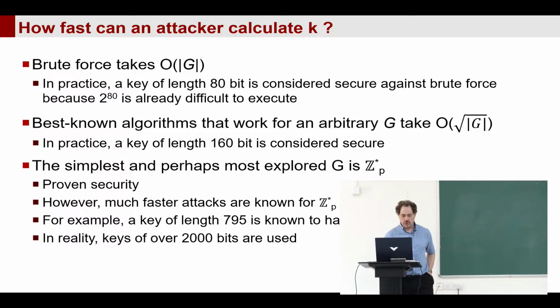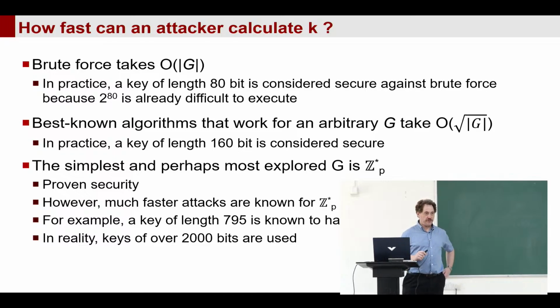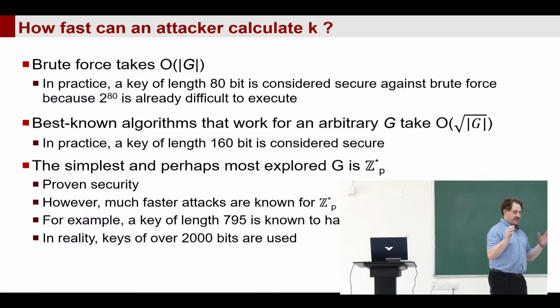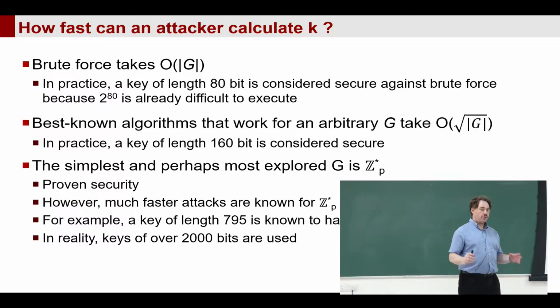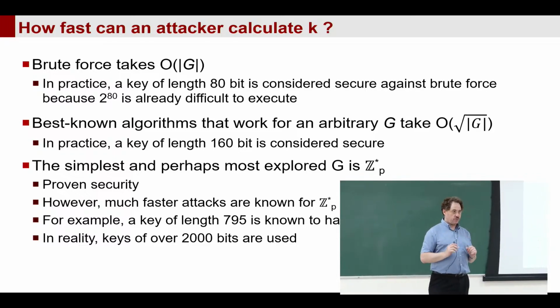So the best known algorithm for calculating K, if we know A, B, and G, the best known algorithm that works for an arbitrary case would take an order of the square root of the size of G. So not linear with G, but a square root.